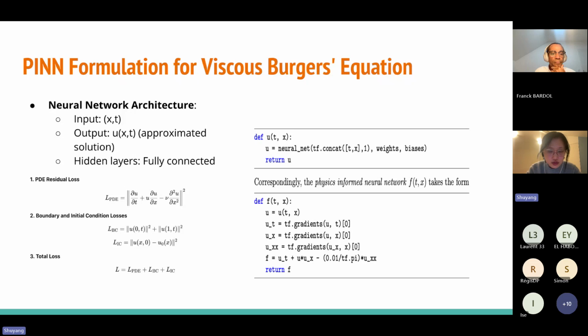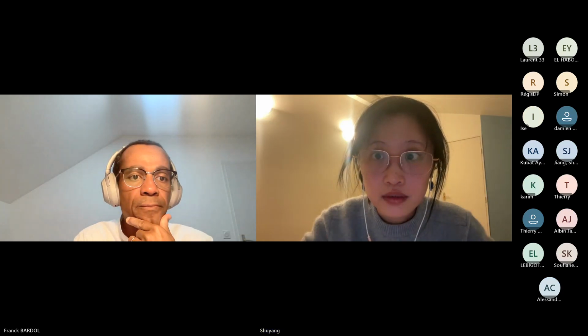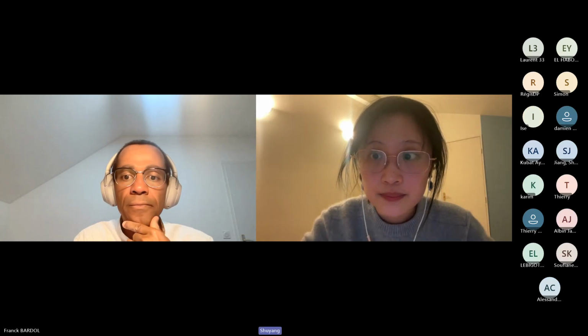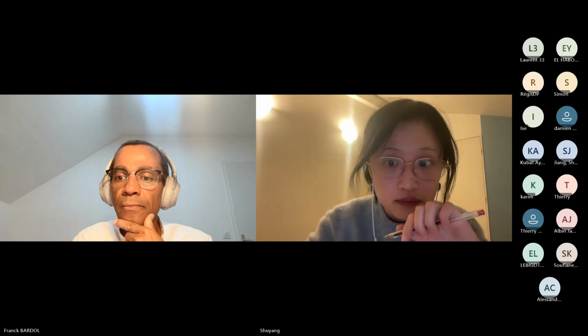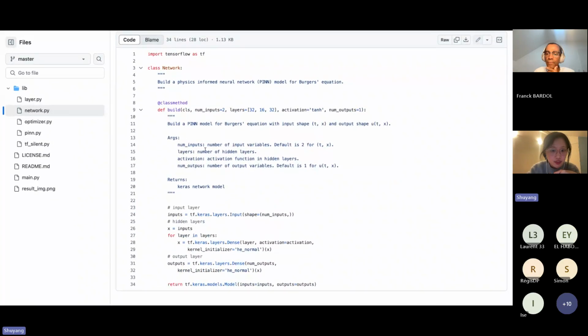Probably it's interesting to show the code a little bit, even if it's not that interesting. As you can see, the neural network we built to approximate the solution contains 3 hidden layers with 32, 16, 32 neurons respectively.